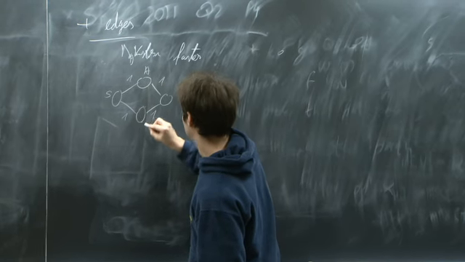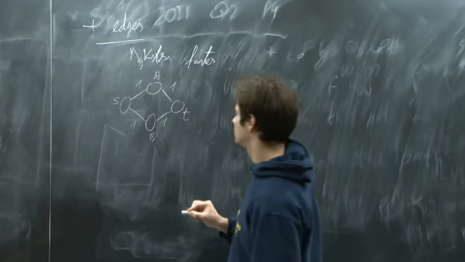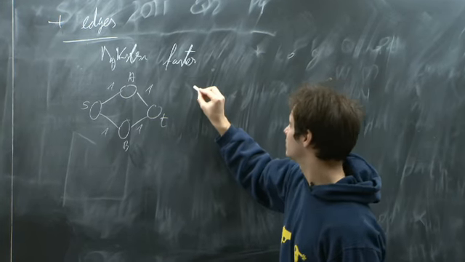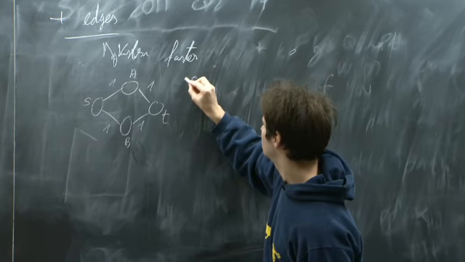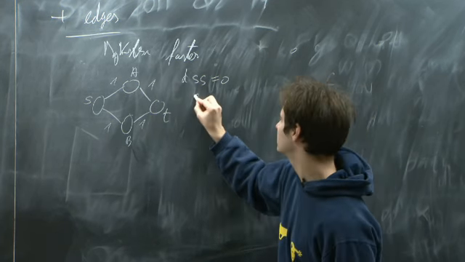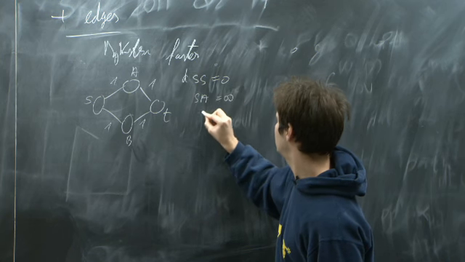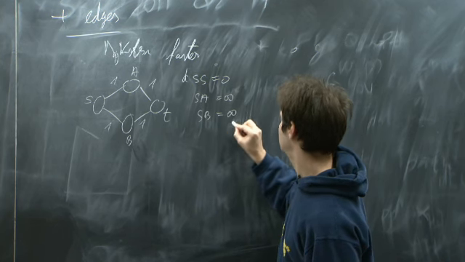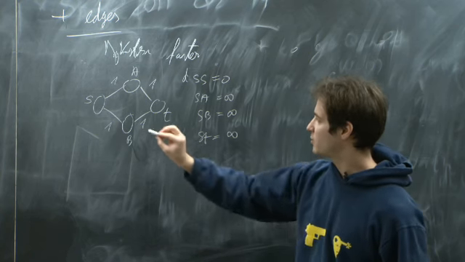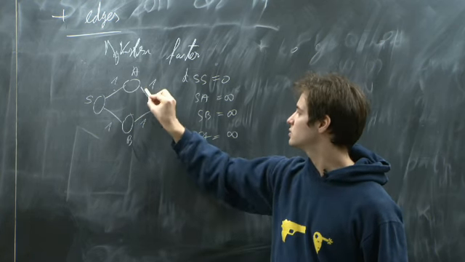S, A, B, T. So say we're looking for the shortest path from S, right? The distance from S to S is 0, and everything else starts out as infinity: SA is infinity, SB is infinity, ST is infinity. Suppose I relax edges in this order: 1, 2, 3, 4.